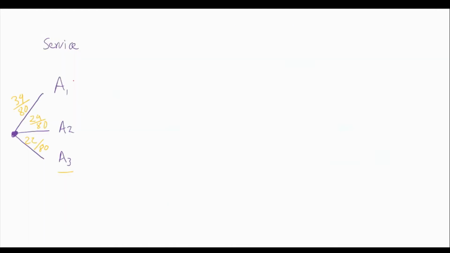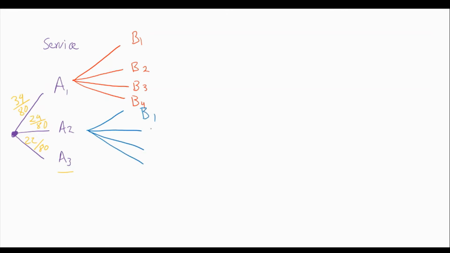So from A1, 1, 2, 3, 4, then we have B1, B2, B3, B4. Same from here. I'll change the color to make it a little bit easier for everybody, myself included. 1, 2, 3, 4. So B1, B2, B3, B4.